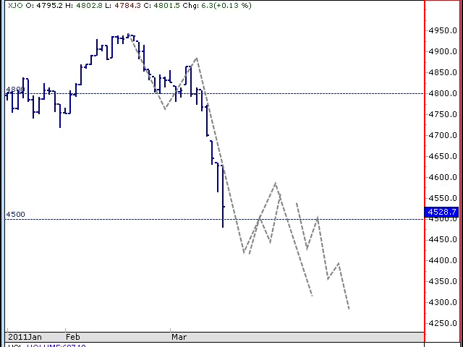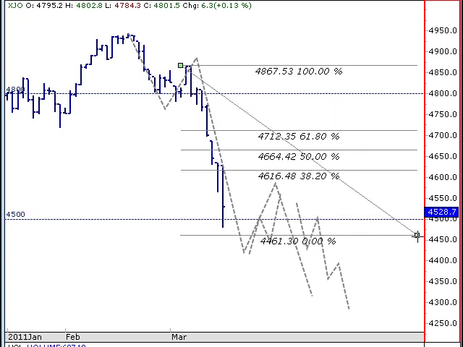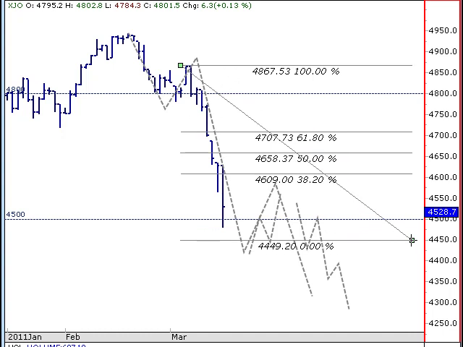The normal technical situation for this to pull back is the 38.2 retracement level. If I put that down to 4,450 there, it could come back to 4,600 here.